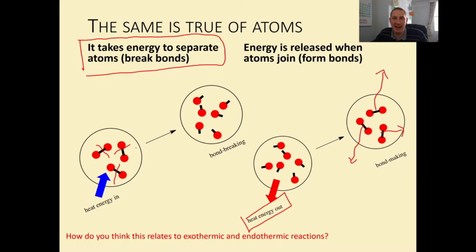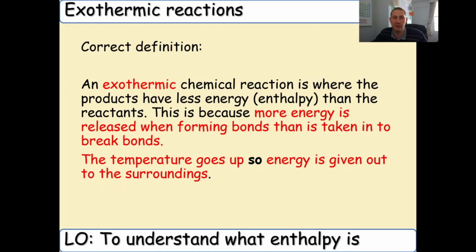So how does this relate to exothermic and endothermic reactions? Okay, just think about every part of this. An exothermic chemical reaction, this is one that releases heat, is a chemical reaction where the products have less energy, less enthalpy, than the reactants. This is because more energy is released forming bonds than is taken in to break bonds.